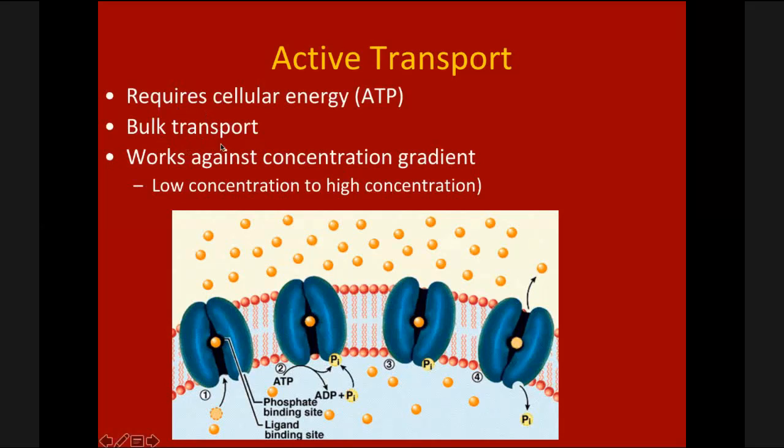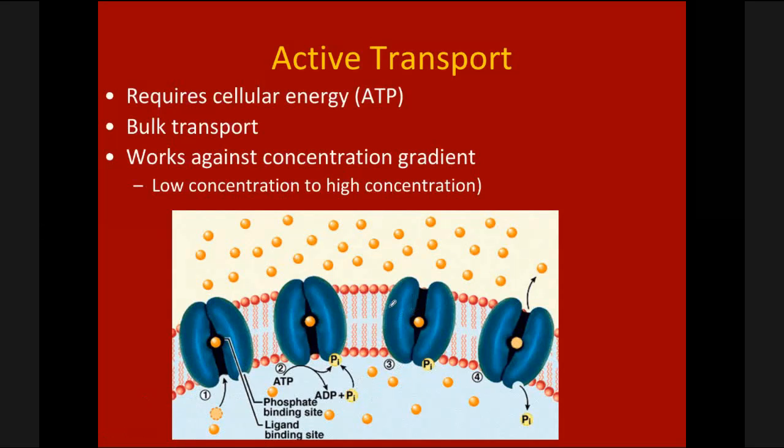We're going to talk about moving a bunch across. And then also, with active transport, you're going to have to spend energy to move molecules against their concentration gradient. Remember that a molecule naturally wants to move by diffusion from high concentration to low concentration. Active transport is when you're using ATP energy to move molecules in the opposite direction.